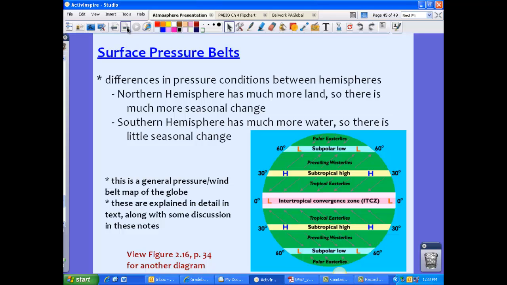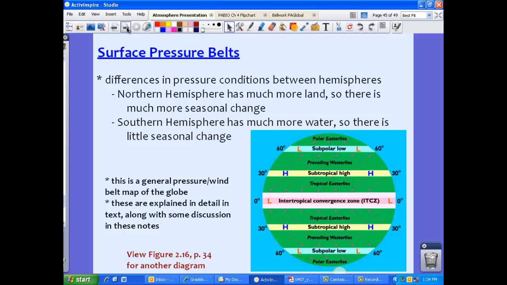So we're going to actually see a lot of different types of pressure going on in those locations. The southern hemisphere has much more water, so there's very little seasonal change. And the pressure belts are much more common and much more stable in this part of the world.